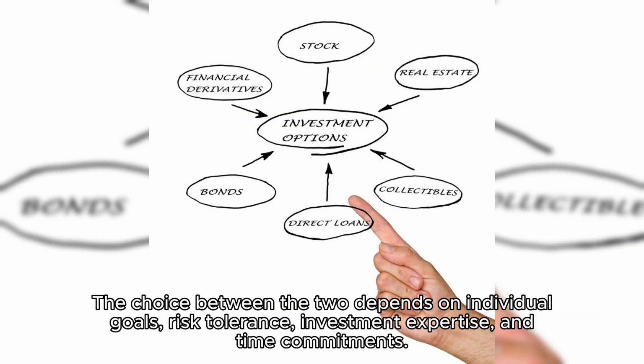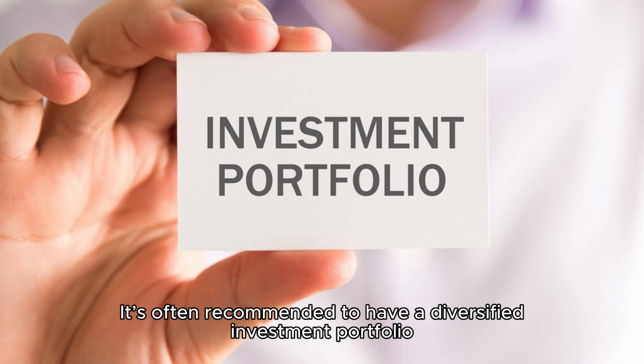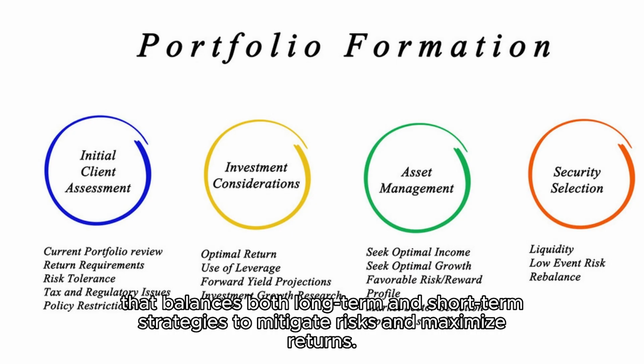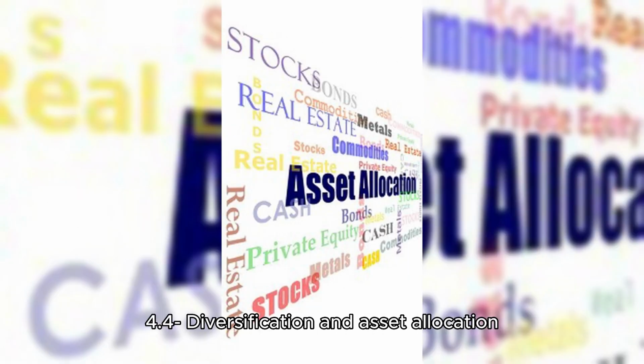The choice between the two depends on individual goals, risk tolerance, investment expertise, and time commitments. It's often recommended to have a diversified investment portfolio that balances both long-term and short-term strategies to mitigate risks and maximize returns. For point 4, diversification and asset allocation.